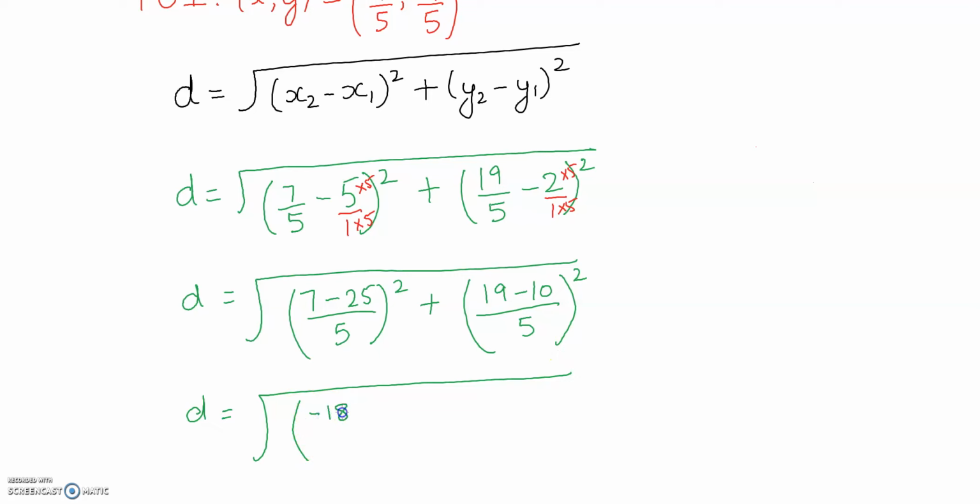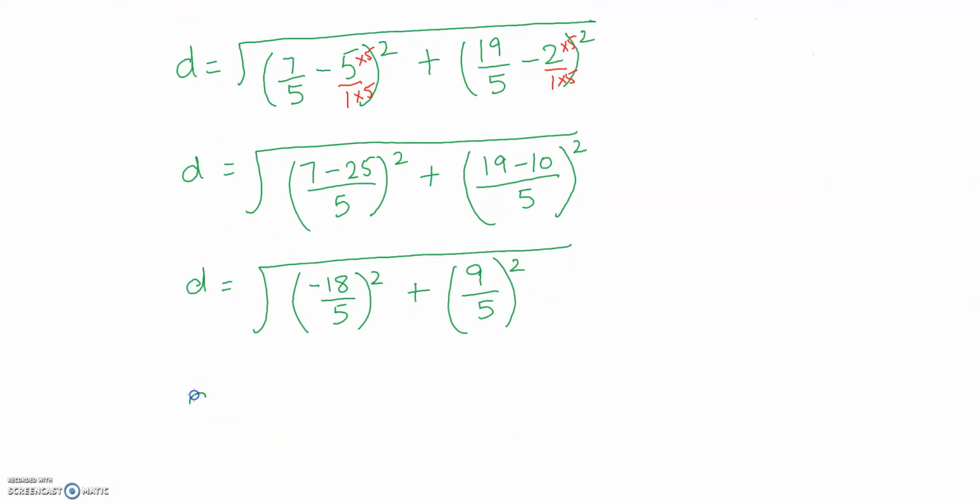I have negative 18 over 5, and we have to square it. 19 minus 10 is 9 over 5. We're going to square it. If I square negative 18, which means negative 18 times negative 18, it will give me 324. When I square 5, it means 5 times 5, it will be 25. 9 squared is 81. 5 squared is 25.